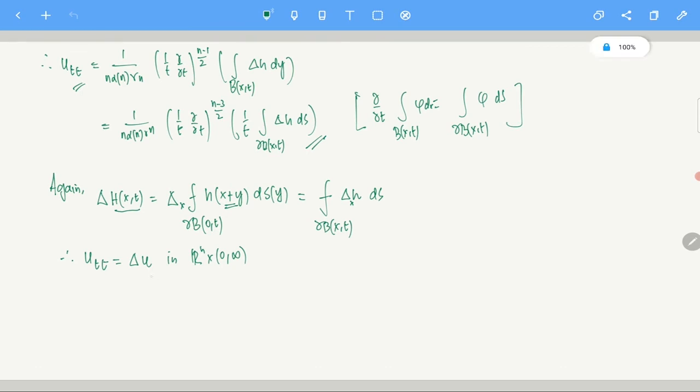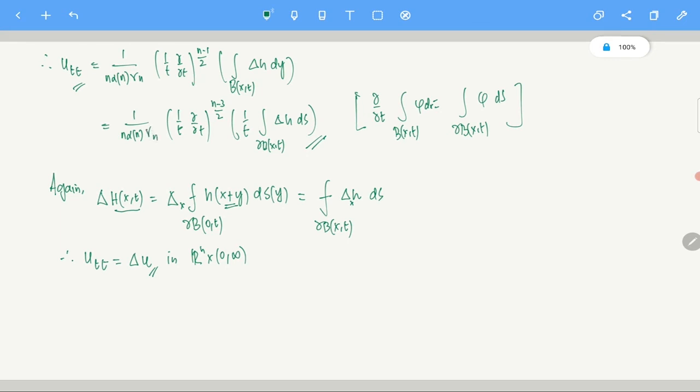Let me explain how this is coming. u_tt is essentially 1 by γ_n, (1/t ∂_t)^((n-3)/2), and this integral of Laplacian h. Sorry, this is not α n, this is gamma n. I forgot, just by reflex I wrote it.